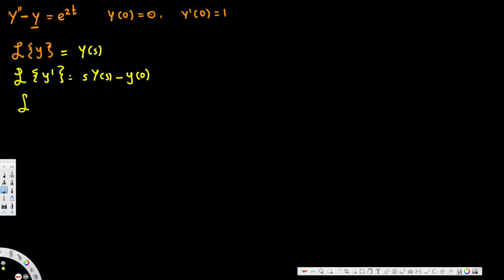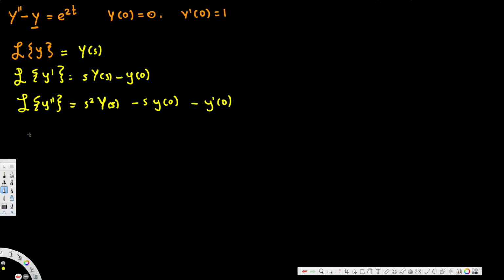Then the Laplace transform of y double prime is equivalent to s square y of s minus s y of 0 minus y prime of 0. You may have seen this in terms of capital F of s, then small f of 0, f prime of 0. It's the same thing. Instead of f we have y right here, because the function has y double prime minus y is equal to e power 2t.